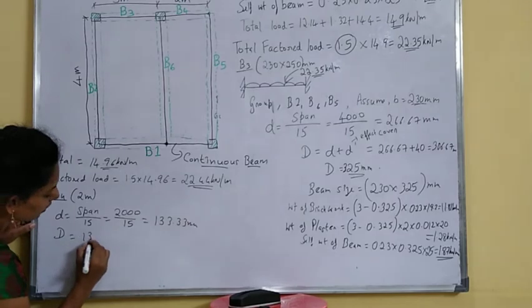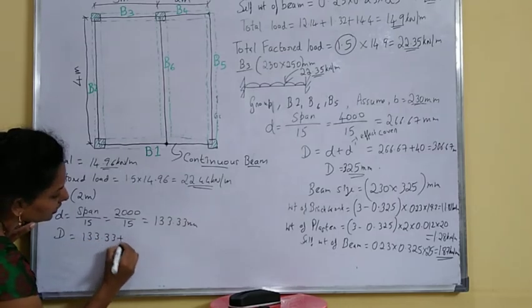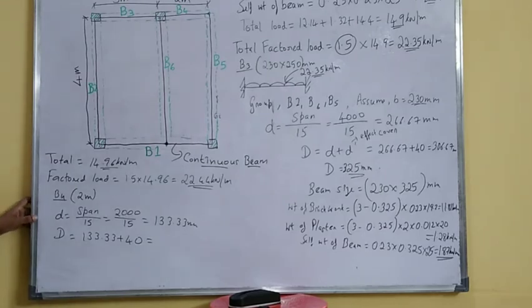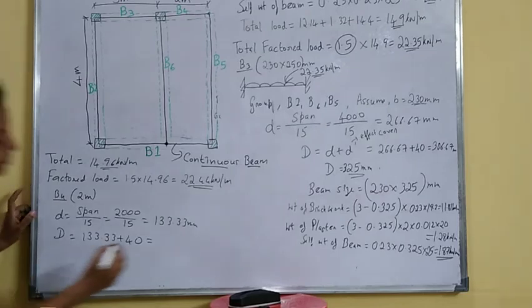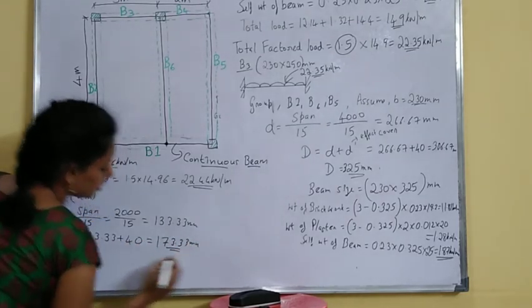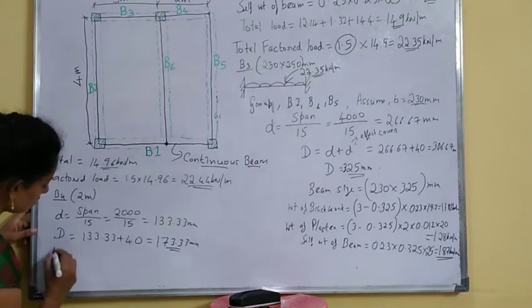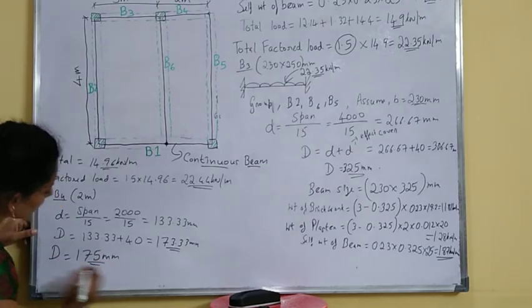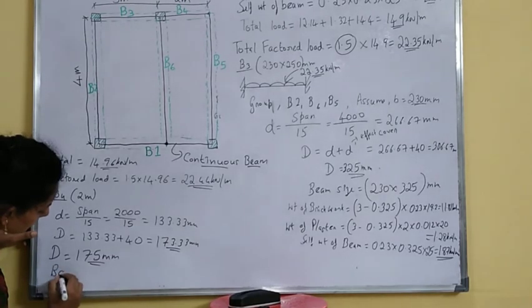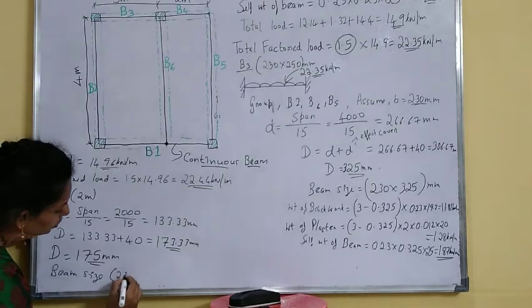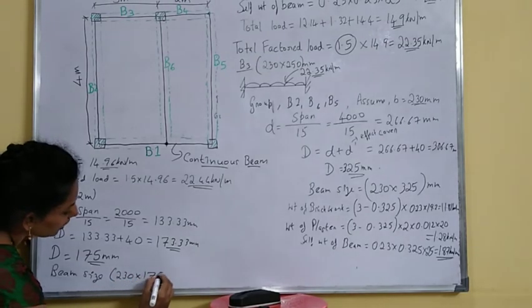Capital D is 133.33 plus 40, you have 173. Therefore round it off, D is 175 mm. Beam size is 230 by 175.